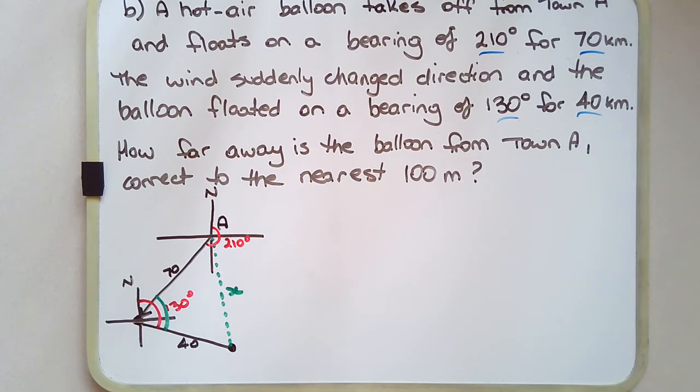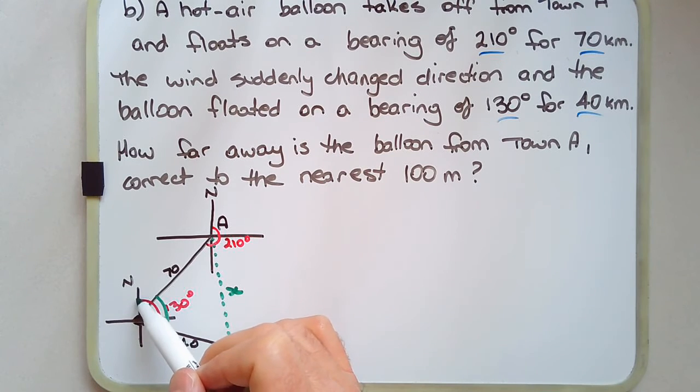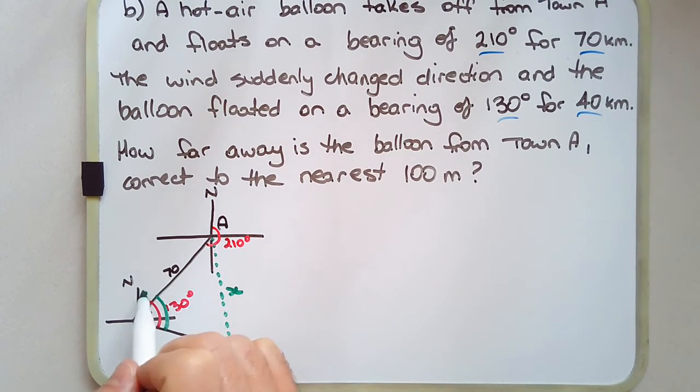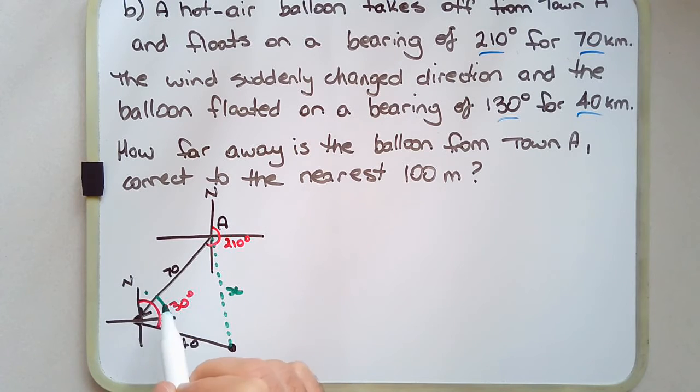Okay, so we know that's 130 degrees from north to the 40 kilometer line, this last leg of the journey of the balloon. So maybe if I can find this angle here, where I've just put the dot, subtract that from 130, and then I can get the angle inside the triangle.